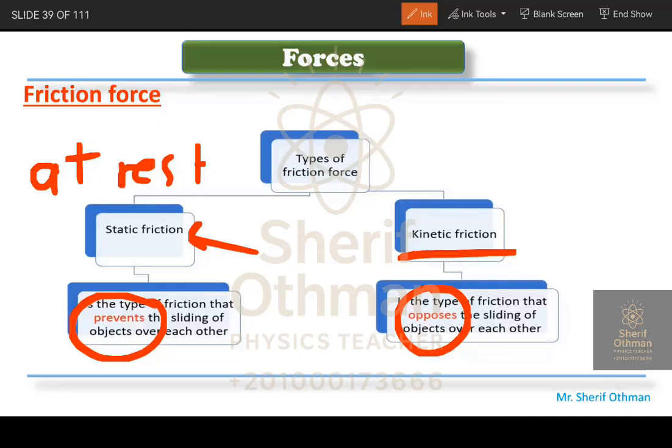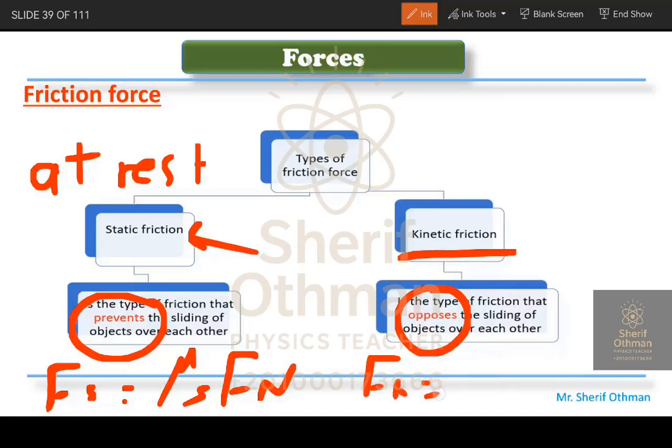Each one of them has a certain rule. Static friction, Fs, is equal to mu s Fn, while kinetic friction, Fk, is equal to mu k Fn. What is the mu s, mu k, and Fn?